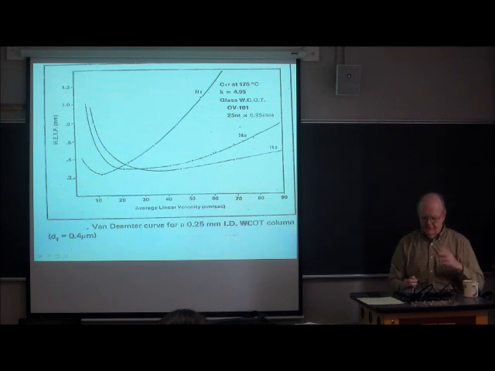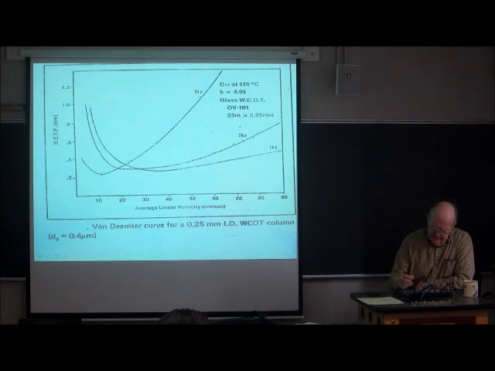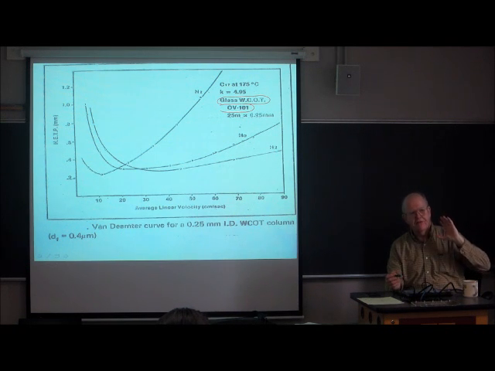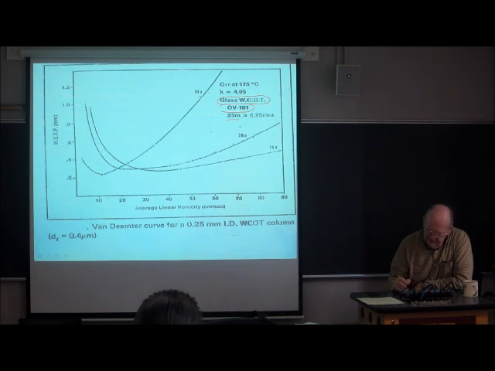Before I go there, I want to show you some real chromatograms. Well, not chromatograms, real Van Deemter plots. This is with a glass wall-coated open tubular column. The stationary phase is OV-101. That's like saying it's plain vanilla. That's just an everyday run-of-the-mill permethyl siloxane phase. It's 25 meters long.